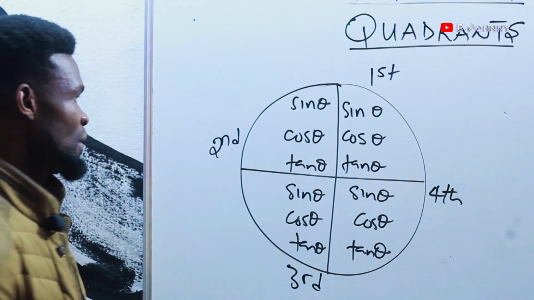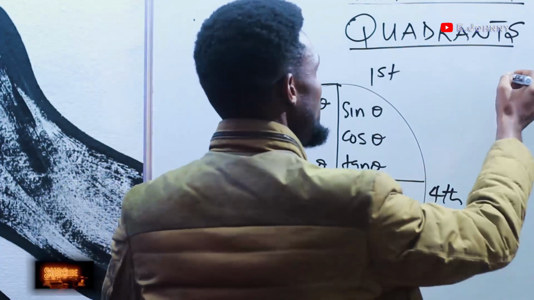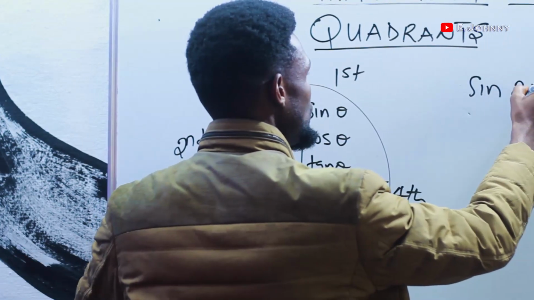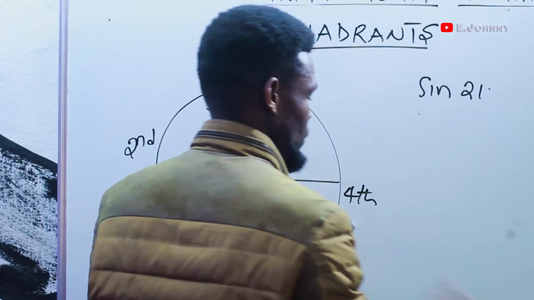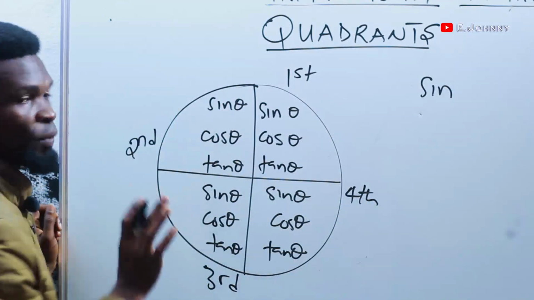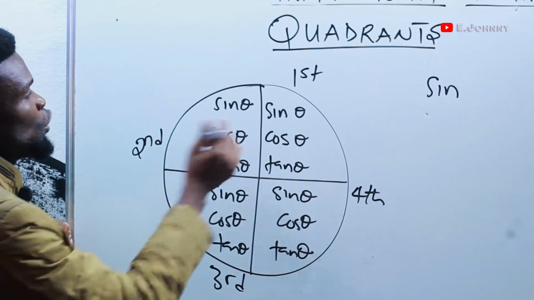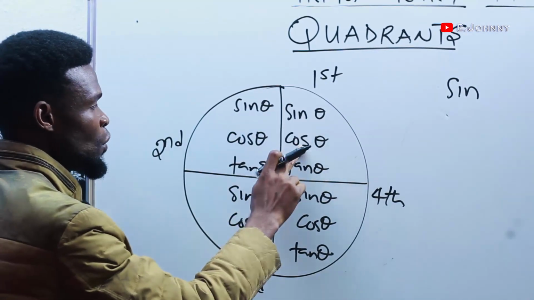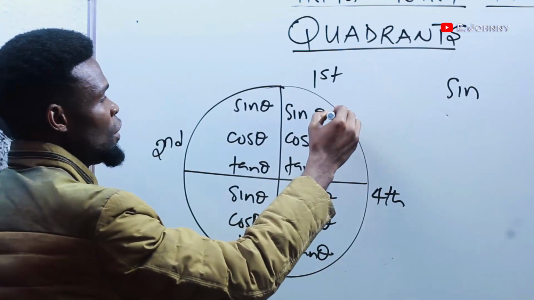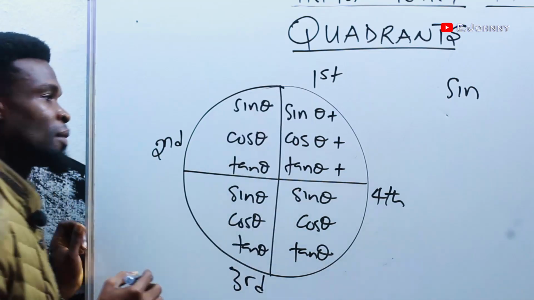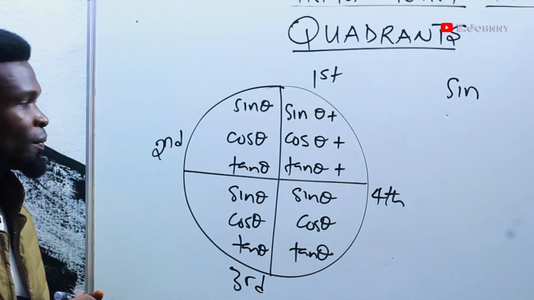So what I'm trying to say is that if I have sine, say 200, no? Okay, let me do this first before I go there. Please note that in each of the quadrants, there is what sine, cos and tan are. In the first quadrant, sine is positive, cos is positive, and tan is positive.